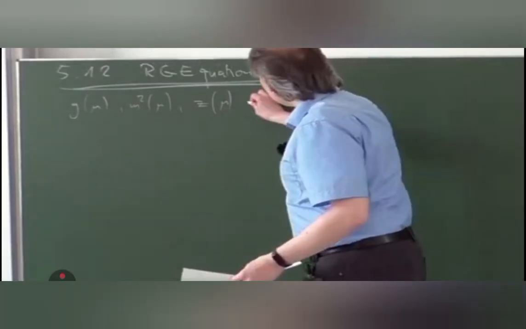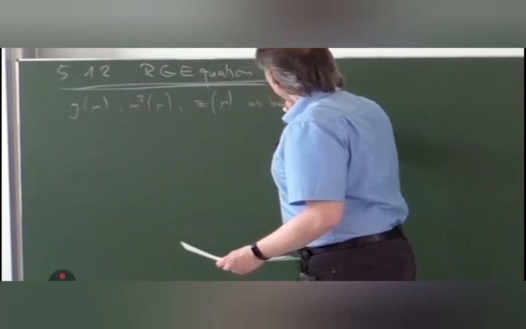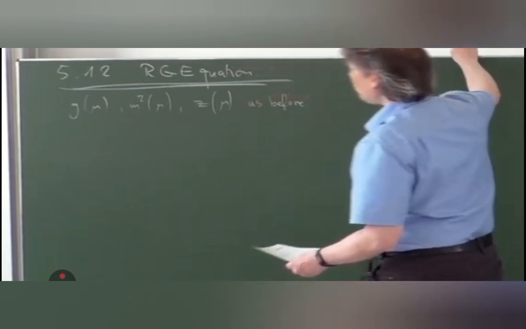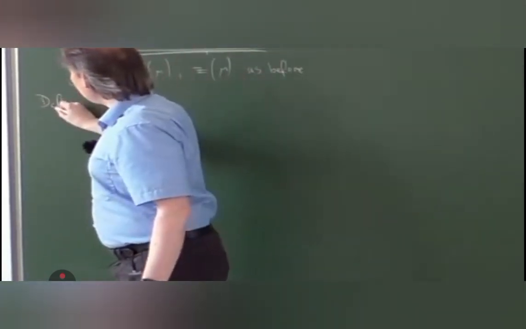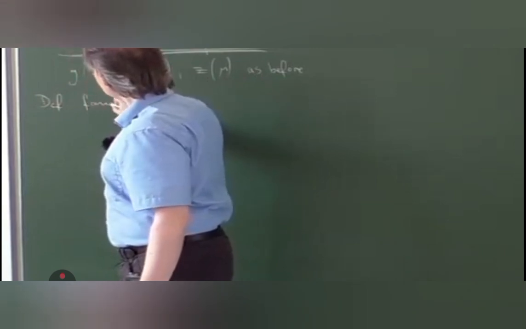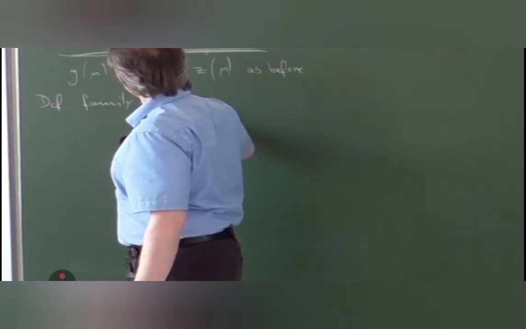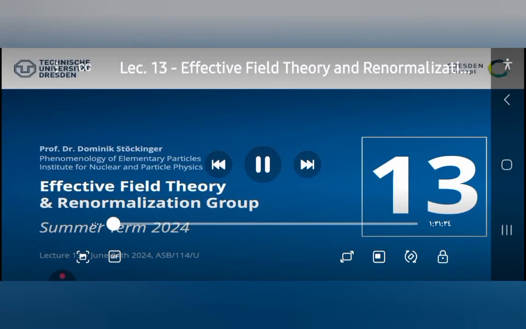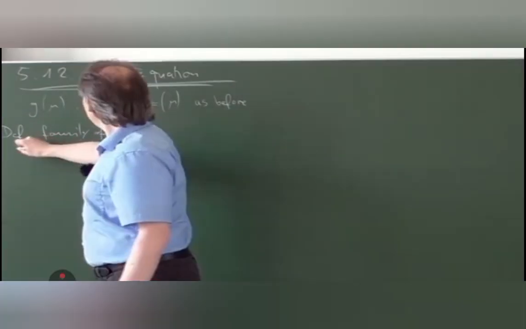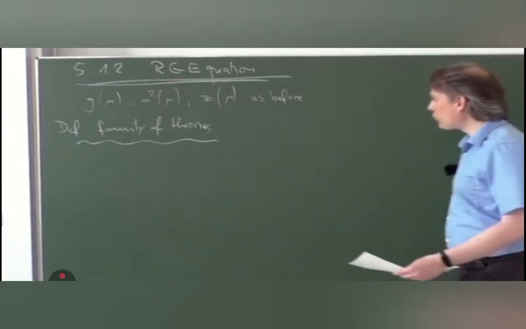So they are now defined as before, such that these very bare quantities are constant, and then we can define a family of theories, namely a family of theories which depend on this artificial mass scale mu.